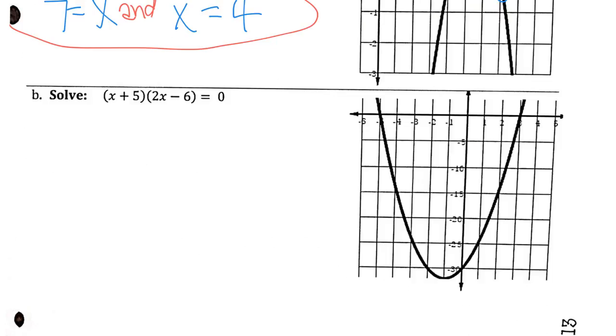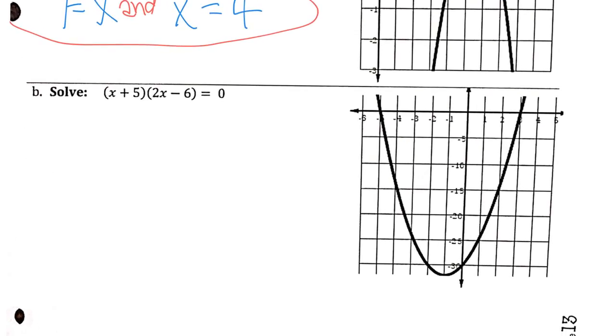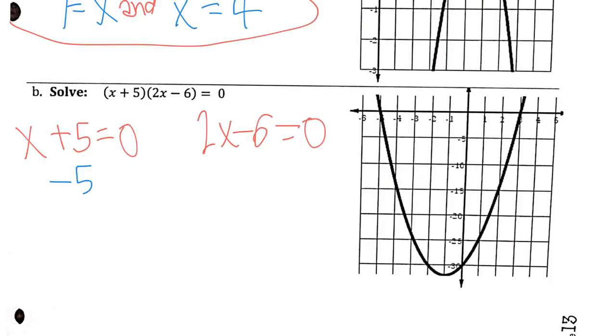For B, our second example, we're going to set the first term, x plus 5, equal to 0, as well as the second term, 2x minus 6. Then we solve like we know how to. Solving linear equations takes us back to practice with chapter 2. So we have subtracting 5, so we have x is equal to negative 5.